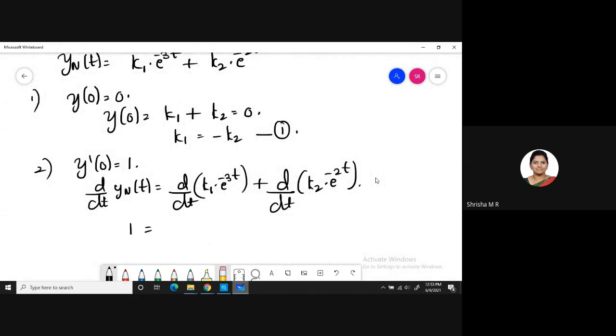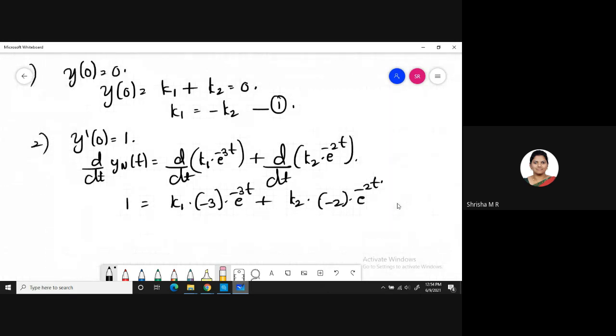So 1 is equal to, if you differentiate k1 into e power minus 3t, what will you get? Minus 3k1 into e power minus 3t. So k1 into minus 3 into e power minus 3t plus k2 into minus 2 into e power minus 2t. This is the equation which you have got.